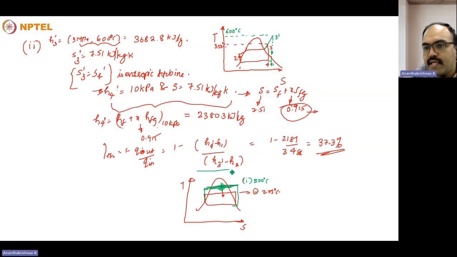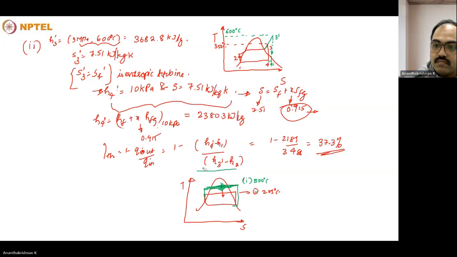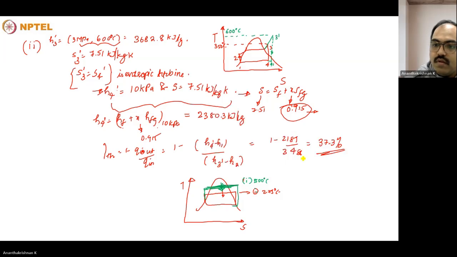Say the high temperature heat source will be maybe at 800 degrees Celsius.